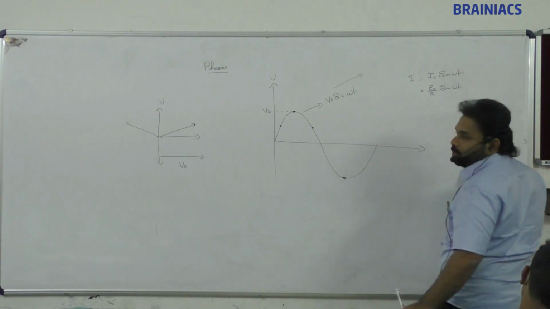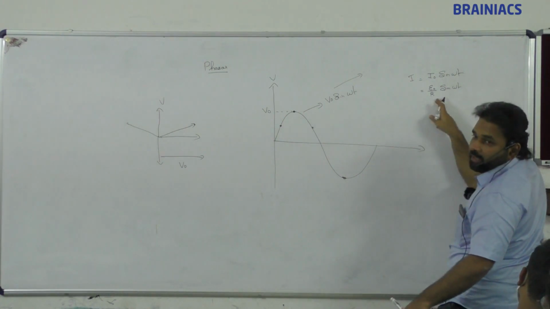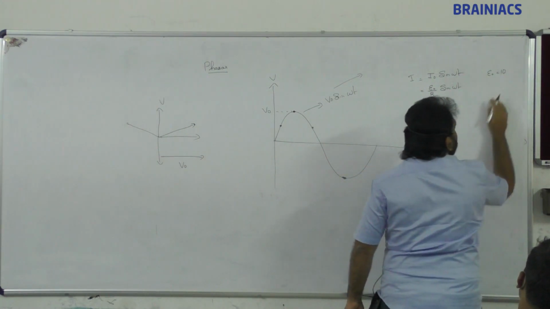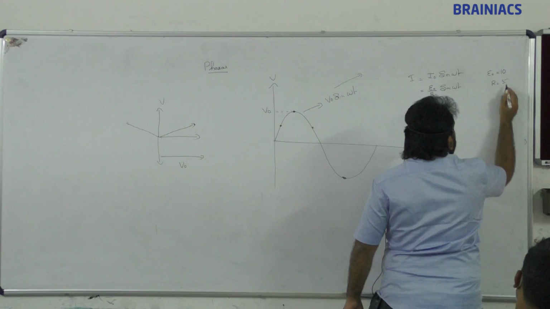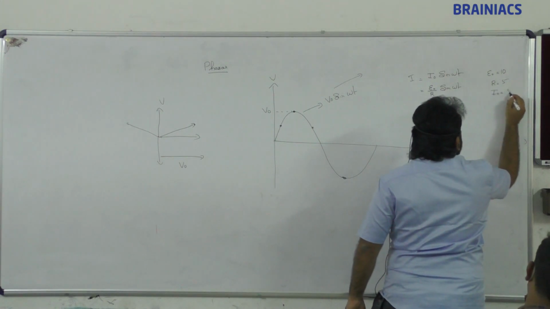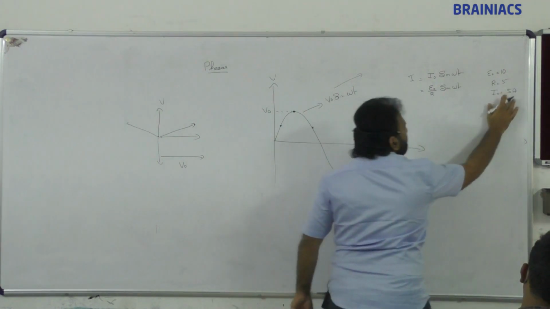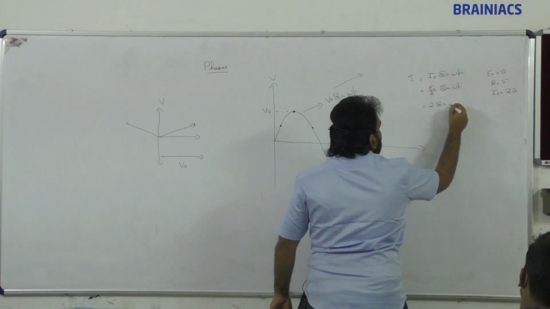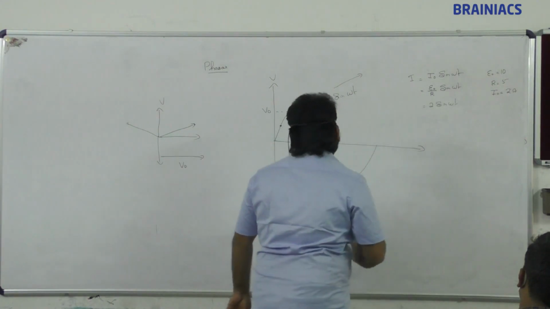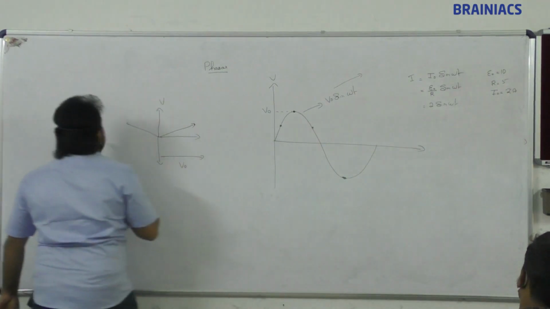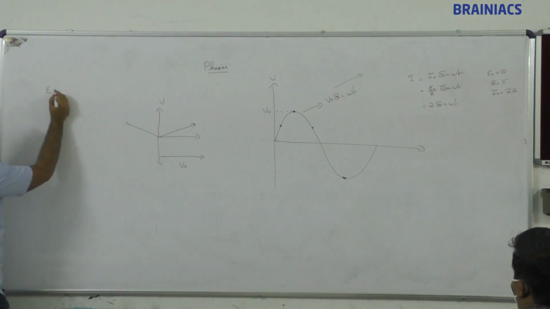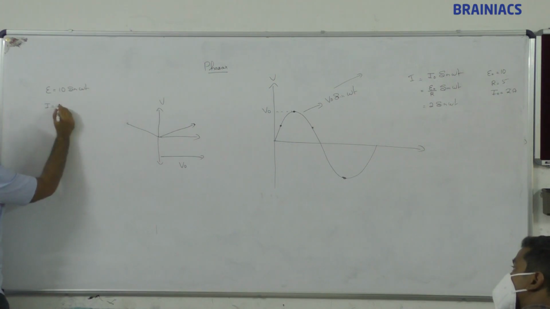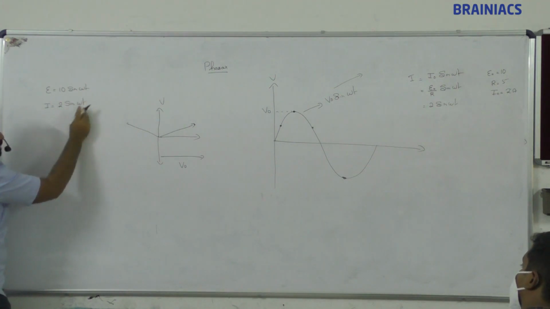Suppose E naught is 10 and resistance is equal to 5, then I naught will be what? 2 ampere. So I could write 2 sine omega t, right? So if we compare, E is equal to 10 sine omega t and I is equal to 2 sine omega t.